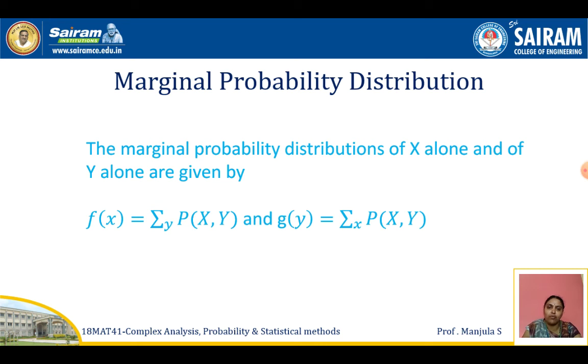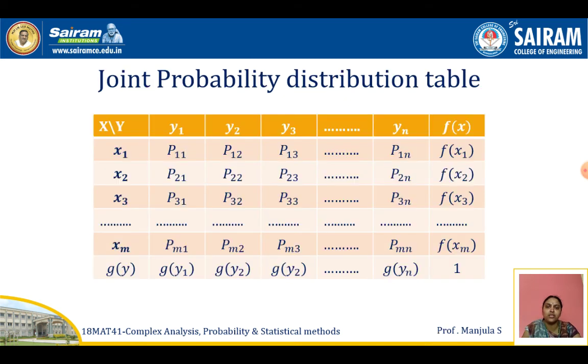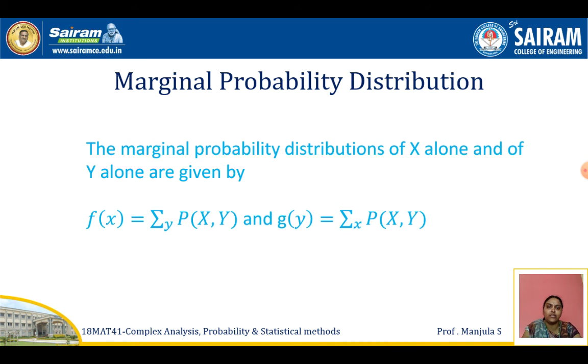Similarly g of y means summation of P of x comma y over x. So this is the marginal probability distribution. In the previous slide you just saw, marginal means this last column value, that only gives the marginal probability distribution.